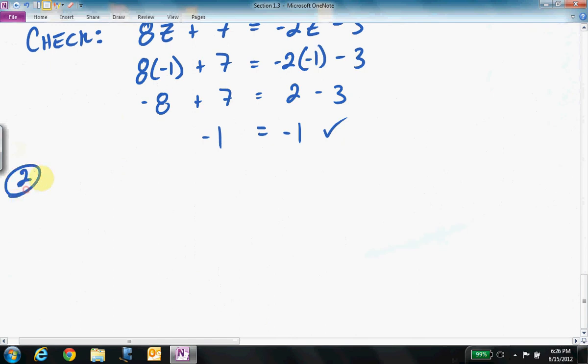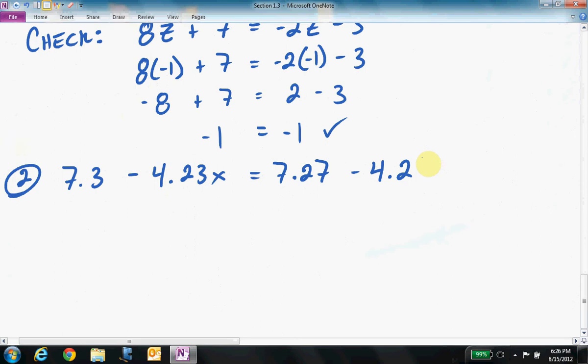So our second problem in this section is 7.3 minus 4.23x equals 7.27x minus 4.2. So we've worked with fractions, now we're going to work with decimals.